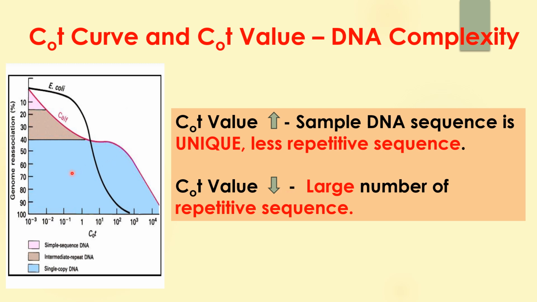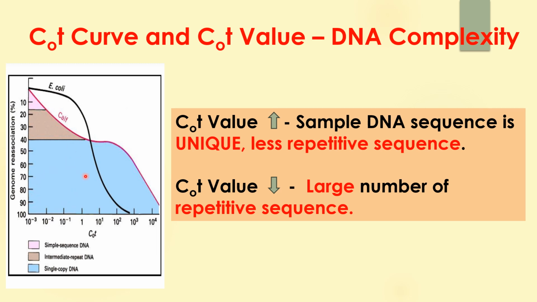See here, single copy DNA means unique DNA. It's more in the case of calf DNA, so the COT value is more, approximately 10 to the power 5. Whereas the brown portion indicates repetitive intermediate DNA and the small pink portion represents the repetitive DNA, this part.